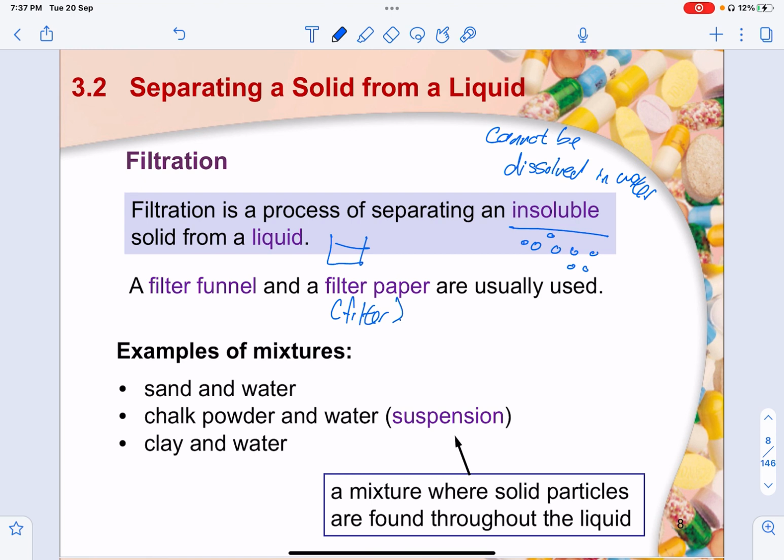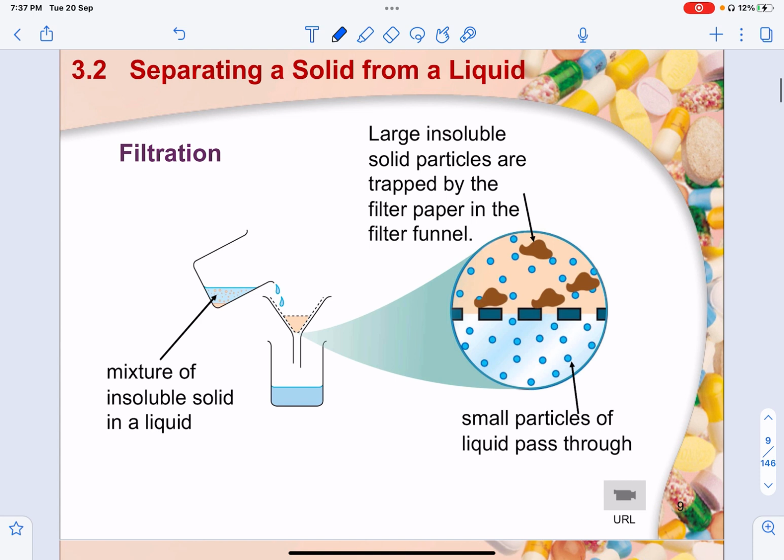They will stay on the filter paper, whereas the rest will get channeled out of the filter paper, so they can pass through. The principle behind filtration is that large insoluble solid particles are trapped by the filter paper in the funnel, and the small particles are able to pass through, for example, your liquid.